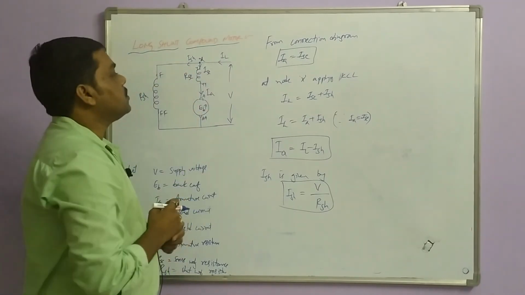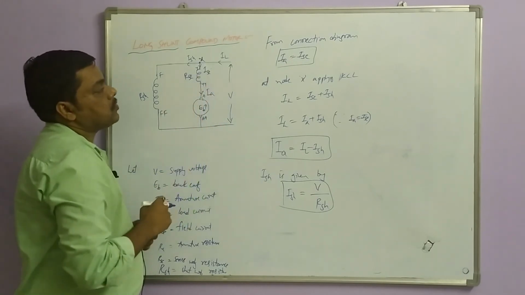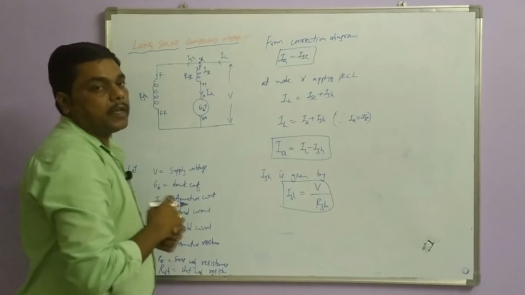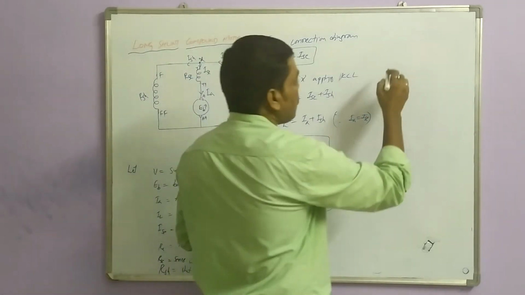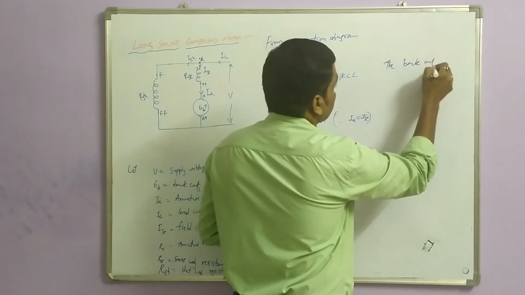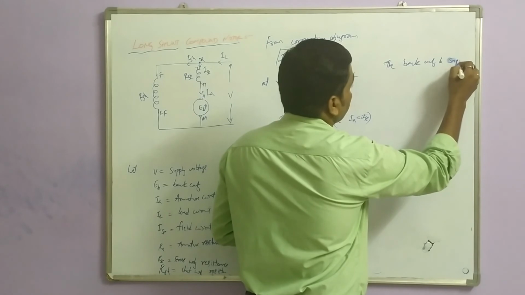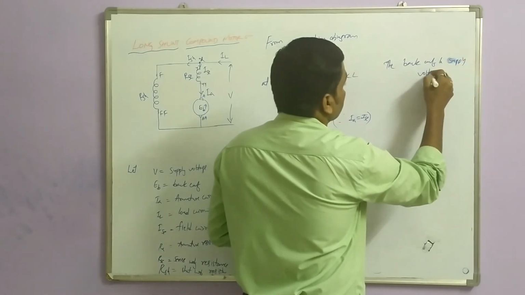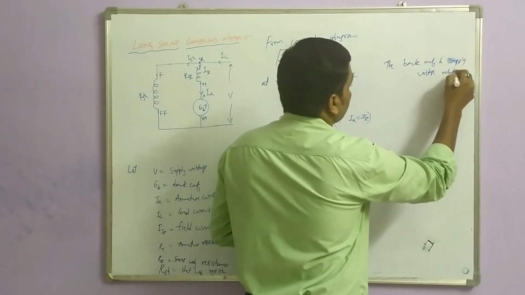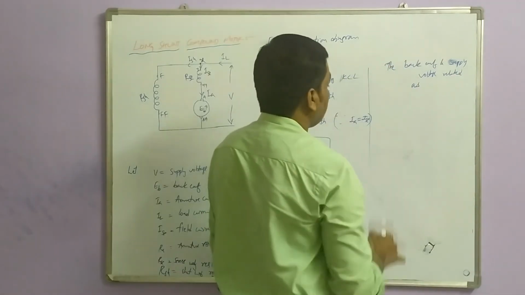You can see the voltage drop in both cases. If you observe the long shunt motor, the back EMF and the supply voltage are related as you can see here.